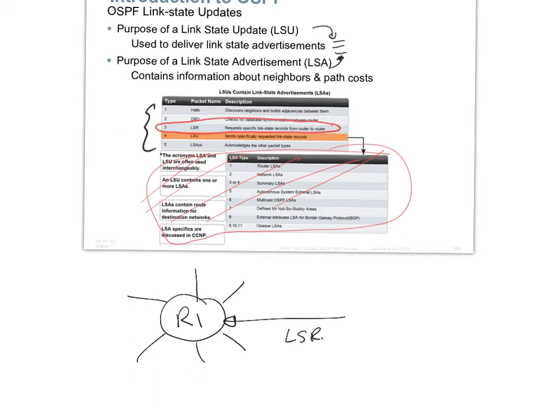So it may in fact send a link state update as a result of the link state request coming from a neighboring router, or one of these links goes down, in which case I also have to send a triggered update. So in that case, I send link state update or link state advertisement. There is no distinction between the two, with the fact that the link state of this link has been updated.